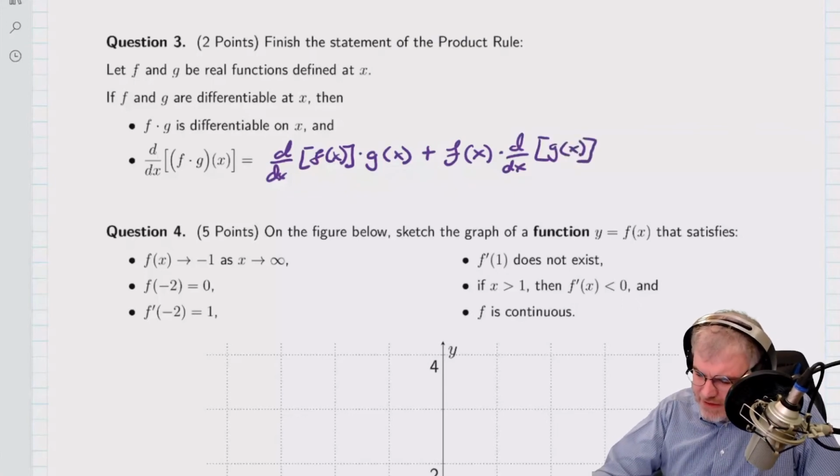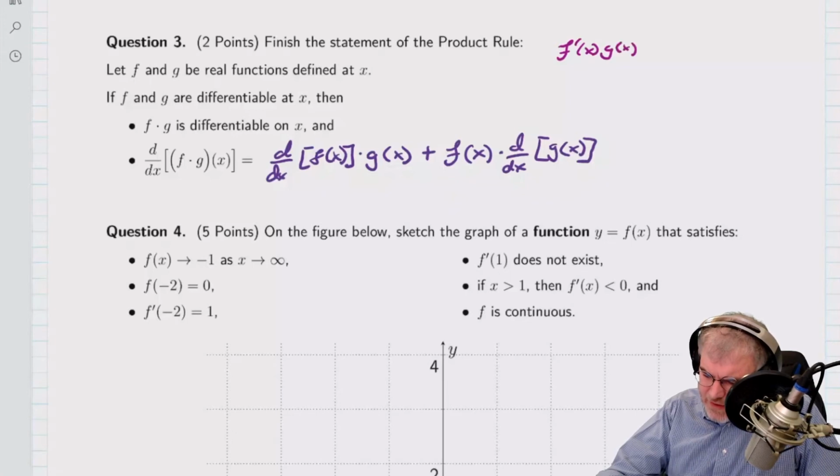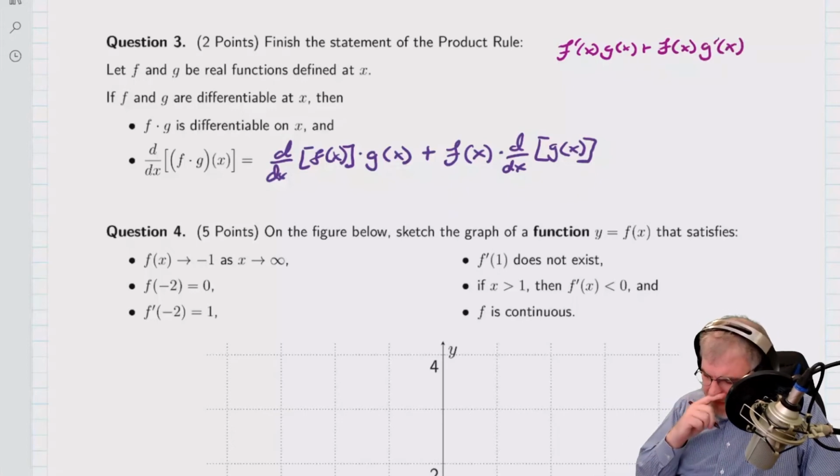Other acceptable answers are f prime of x times g of x plus f of x, g prime of x. That would have been fine.